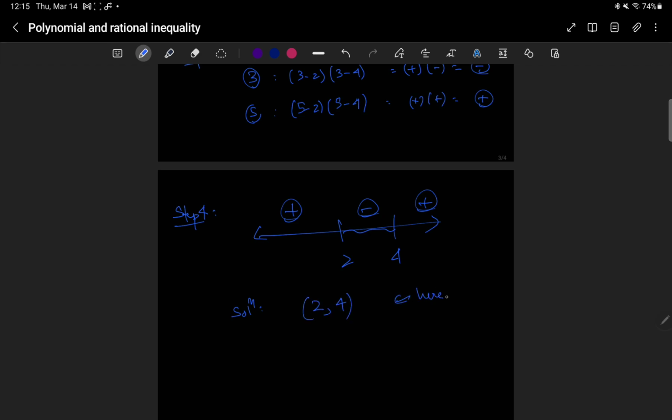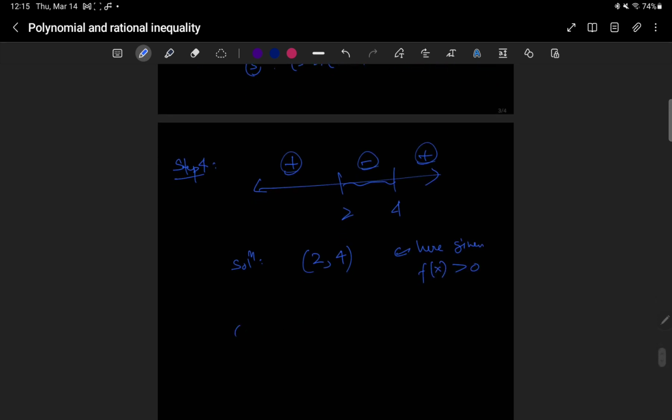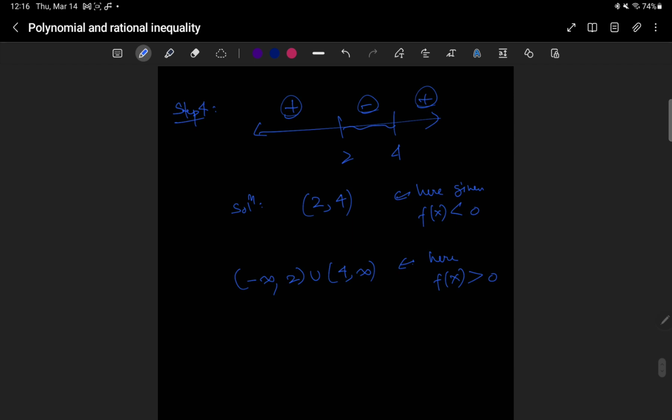So here, the given function is positive in negative infinity to 2 union 4 to infinity. Suppose we were asked where it is positive, then that would be correct, which means I made a mistake here. This should be less than. Okay, so that's a simple application on a very simple polynomial.